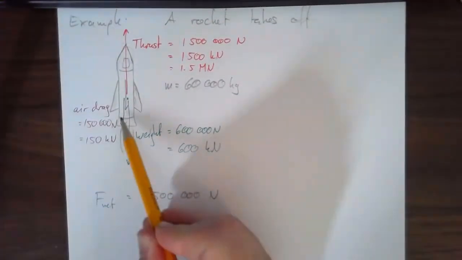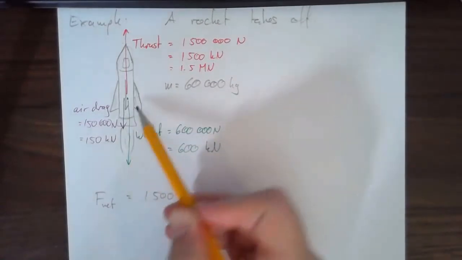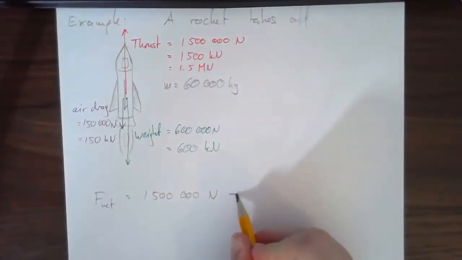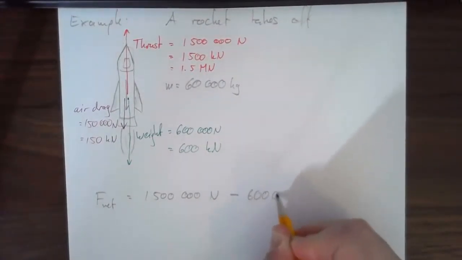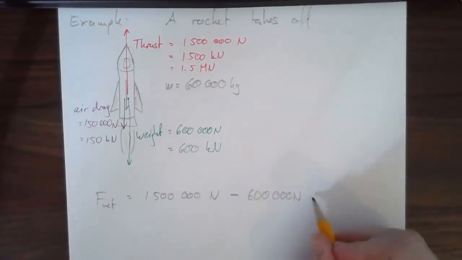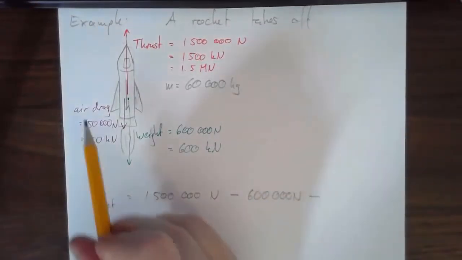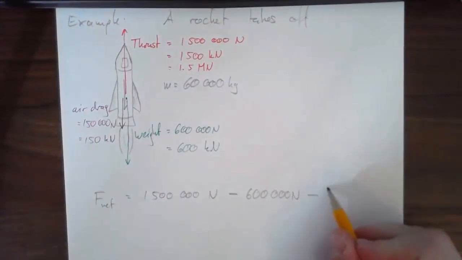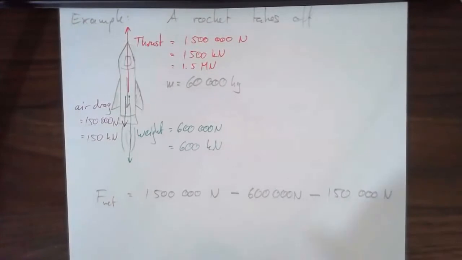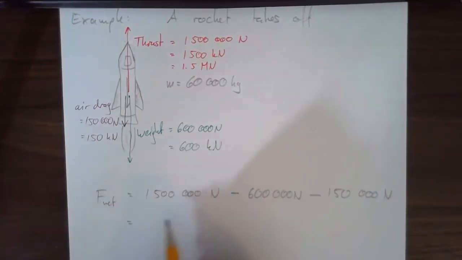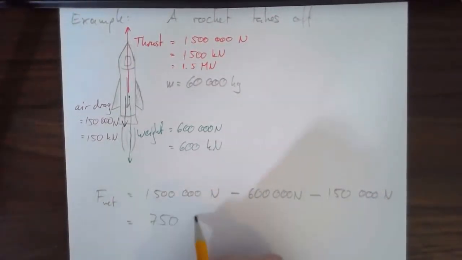And then I want to add those, but as vectors, because they're pointing in opposite directions, so I have to subtract them. Minus the 600,000 newtons from the weight, and then also minus the 150,000 newtons from the air drag. What does that leave me with? 750,000 newtons.